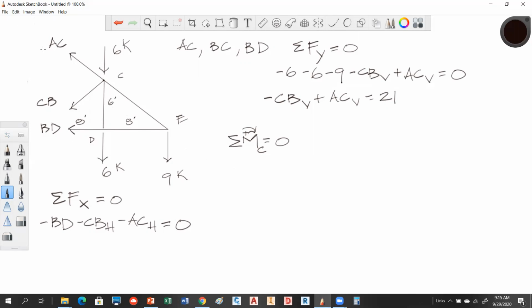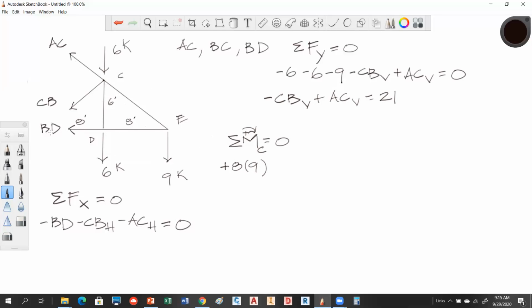Okay, so I'm going to start here. If I'm sitting here, I've got 8 feet over to that 9 kip load, and that's tending to turn that clockwise. So that will be a plus 8 times 9. The 6 is gone, the 2 unknowns are gone, diagonal.